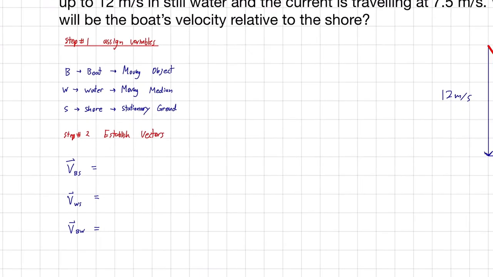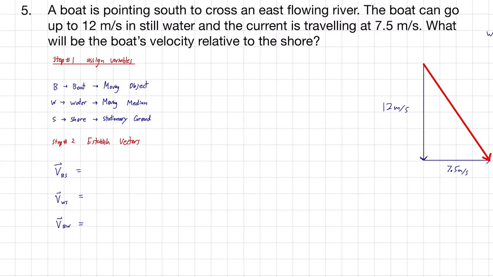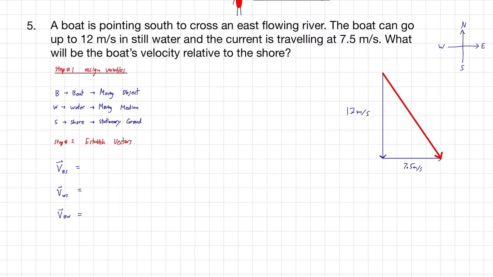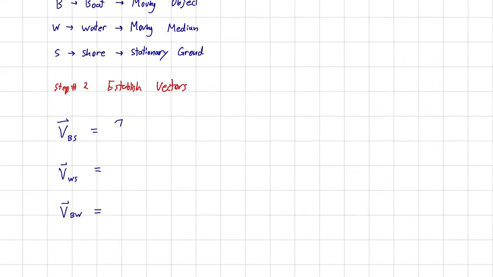So let's see what data we're given. Well, the velocity of the boat to the shore, that's completely unknown. We don't know the direction, and we also don't know the speed of this. So we have an unknown magnitude and the direction also unknown.